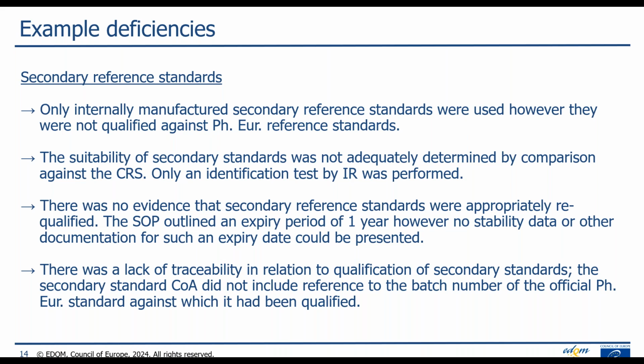And then second point, the suitability of secondary standards was not adequately determined by comparison against the CRS, so only an identification test by IR was performed. So of course, if the standard is to be used for quantitative purposes, it's inappropriate just to use an identification test.